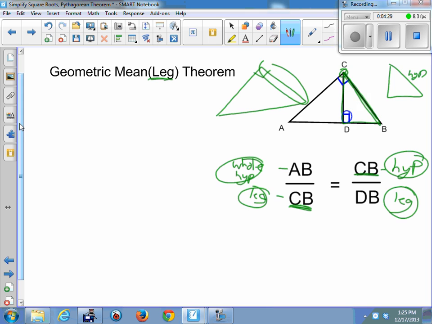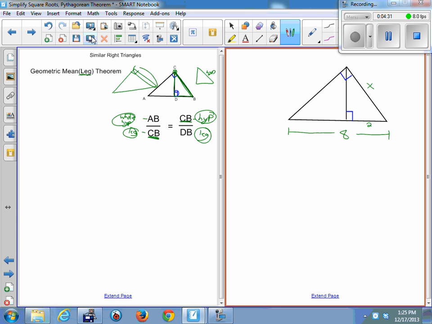So let's see if we can set this up using an actual problem. AB, basically, we're going to use the hypotenuse, which is 8, over the leg, which in this case is X. And we're talking about the leg of the big triangle, equals the hypotenuse of the small triangle, which is X, over the leg, which is 2.